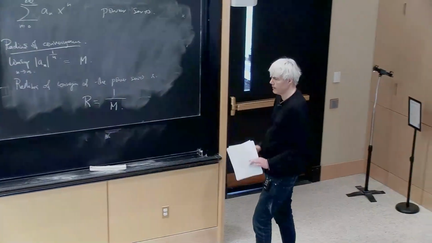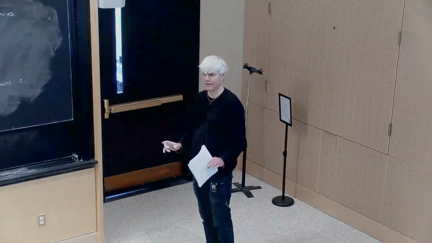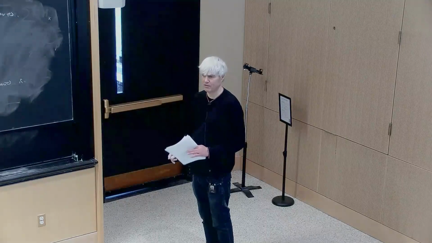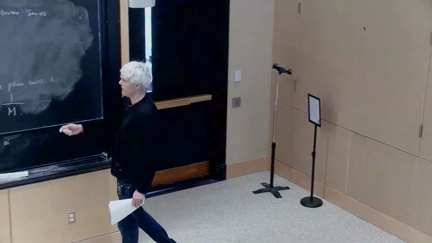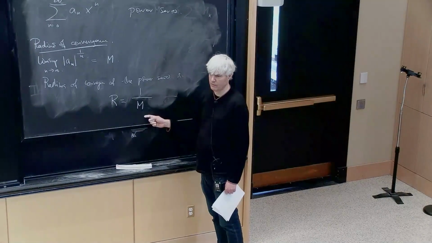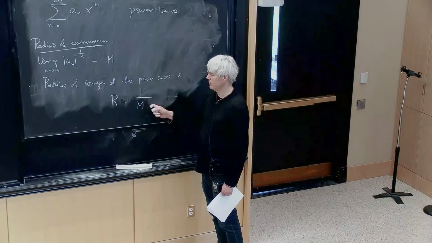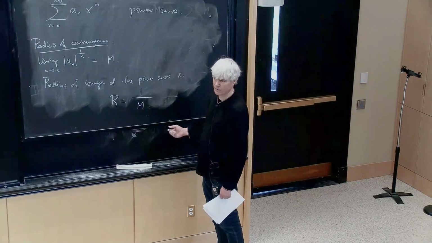There's a convention here: usually you don't divide by 0 or infinity, but in this case, if m is 0, this means that the radius of convergence is infinite. If m is infinite, then it means that the radius of convergence is 0.